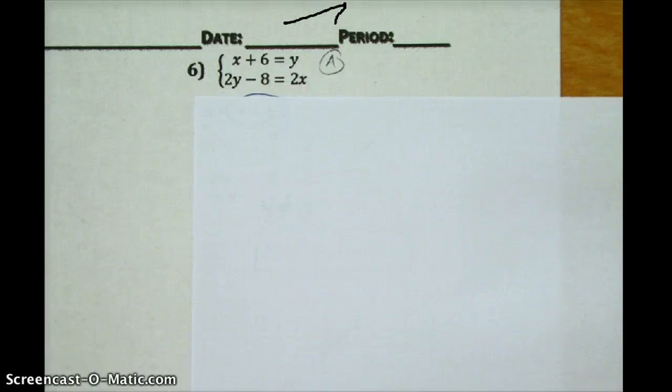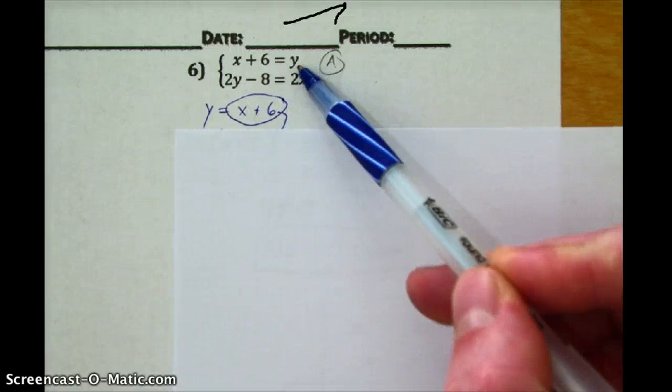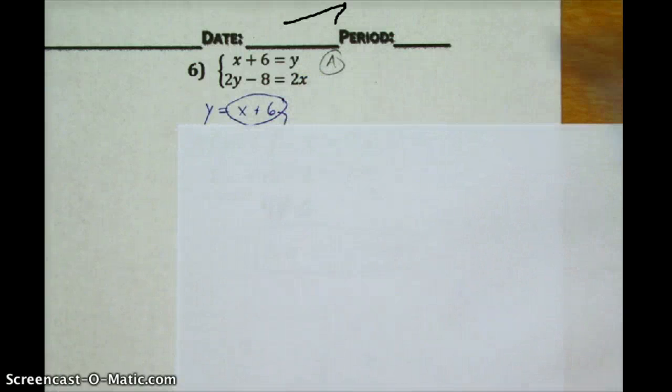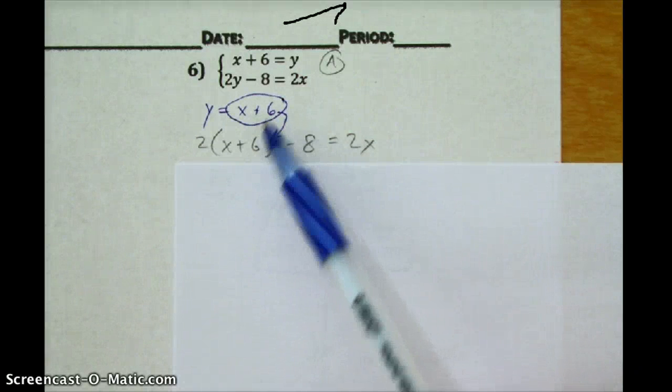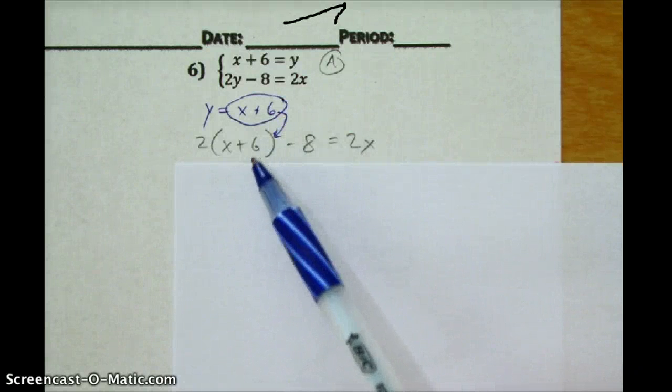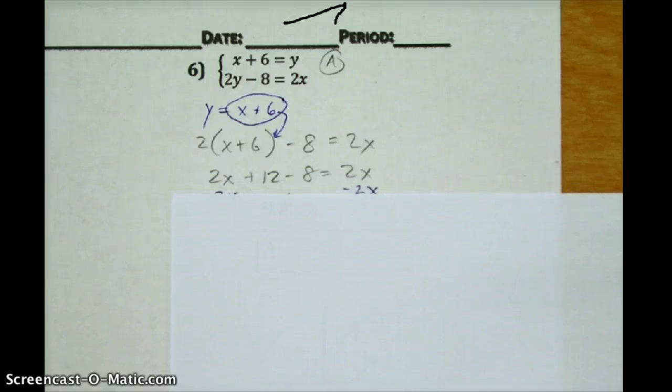With number 6, I chose to isolate y as my variable because I already had it set up as y equals x plus 6. I then plug that into the other equation. This takes the place of y. And when I distribute and solve for that first variable, I find something a little interesting.